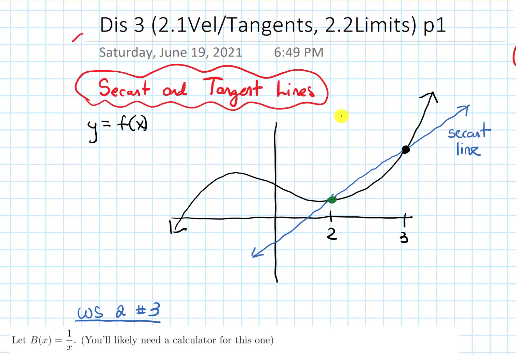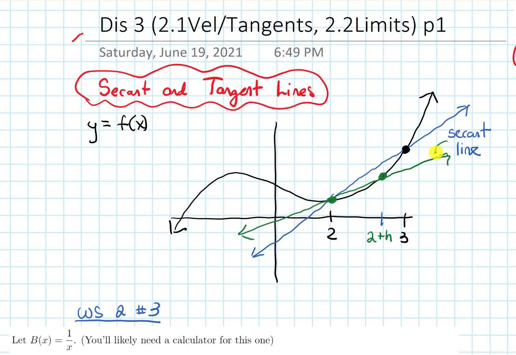If I want to make it better, I can move the point where x is 3 a little bit closer. Let's say I pick a different tick mark point here, in a different color. Let's say that this is 2 plus a little bit, 2 plus h, and I label that point. If I connect that point with a secant line, our secant line will be a little bit flatter.